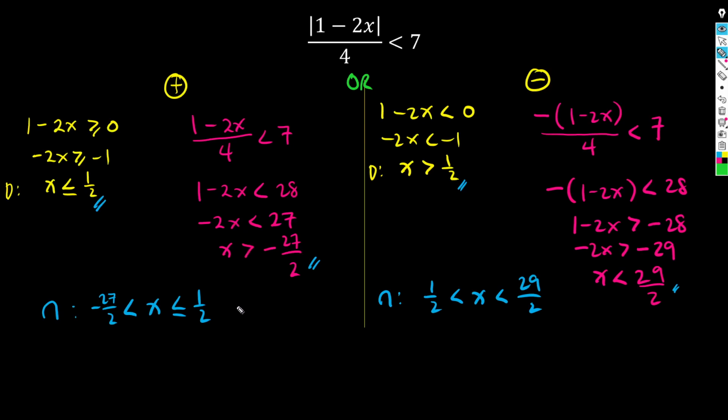Now, one way to do this is to simply write these two inequalities. So, I can just write x is greater than -27/2 and less than or equal to 1/2. Then I take the union of that with x is greater than 1/2 and less than 29/2.